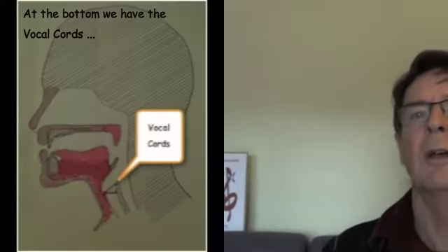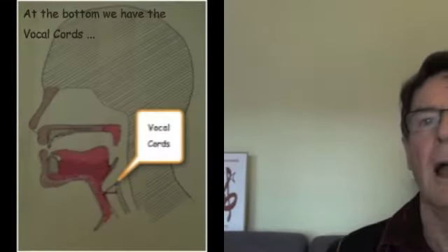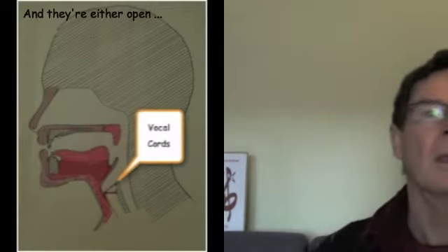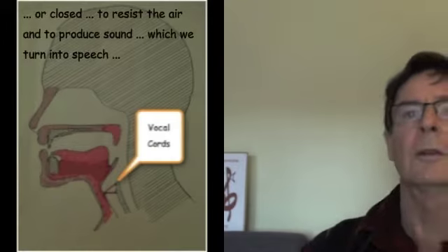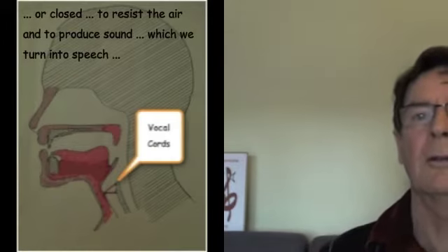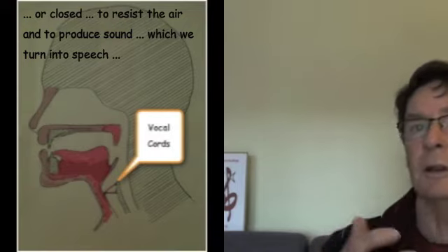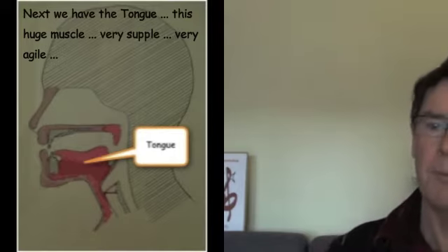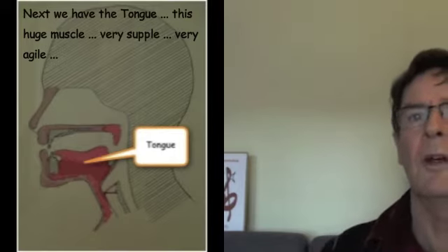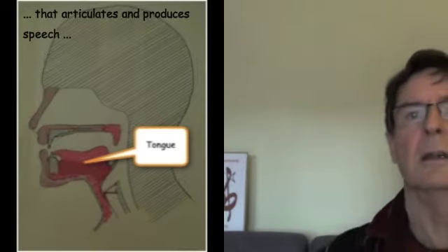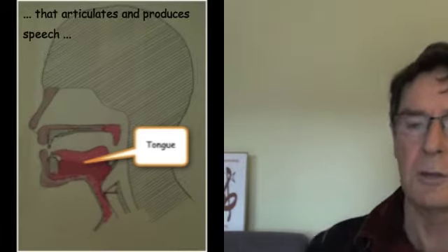At the bottom we have the vocal cords, and they're either open or closed to resist the air and to produce sound, which we turn into speech. Next we have the tongue, this huge muscle, very supple, very agile, that articulates and produces speech.